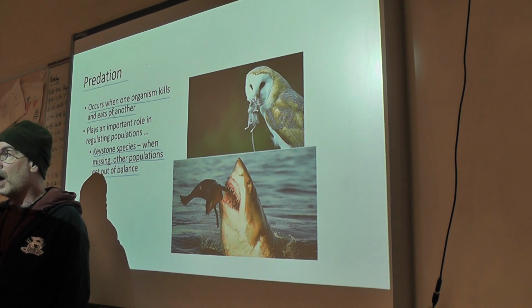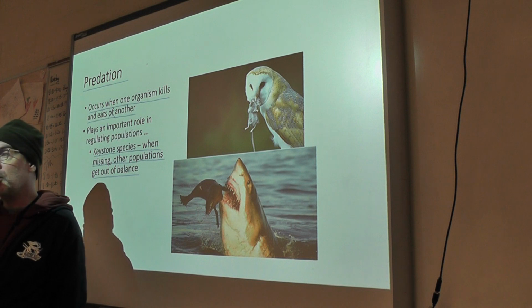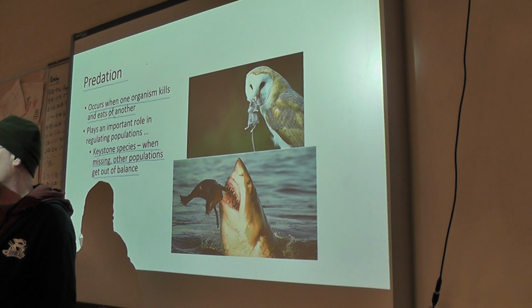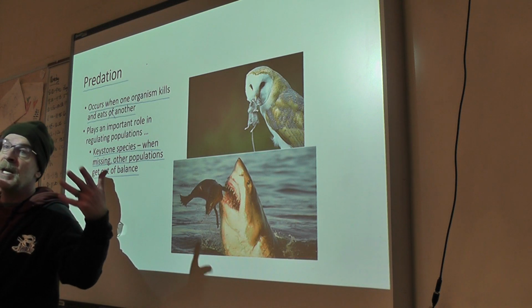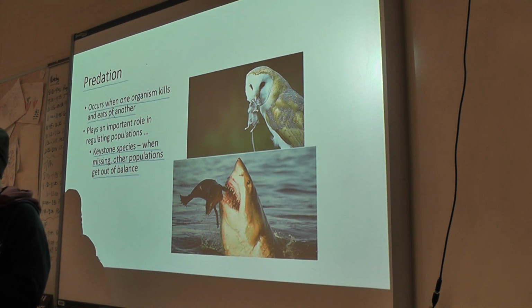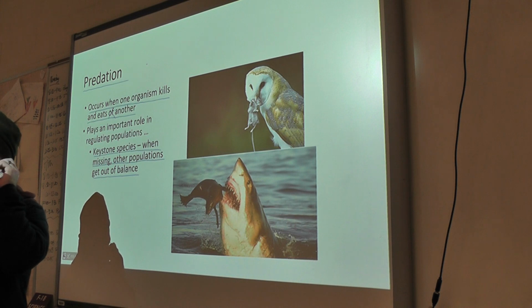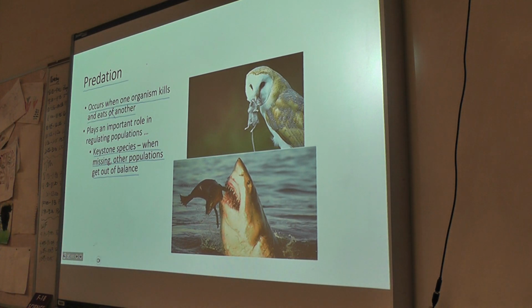And so at the time, 100 years ago, people thought, well, let's just get rid of wolves. They don't really do any good. If we get rid of them, we'll have way more deer and elk and all these other things that we really like to have. So they killed all of the wolves, every last one of them in Yellowstone Park.